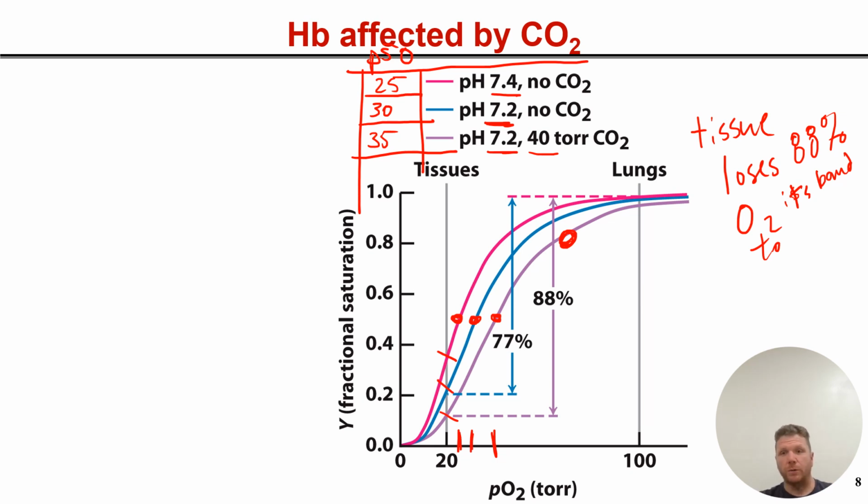It doesn't really want to lose all of that, but inevitably it does because hemoglobin is impacted by both CO2 and pH of the environment. All right.